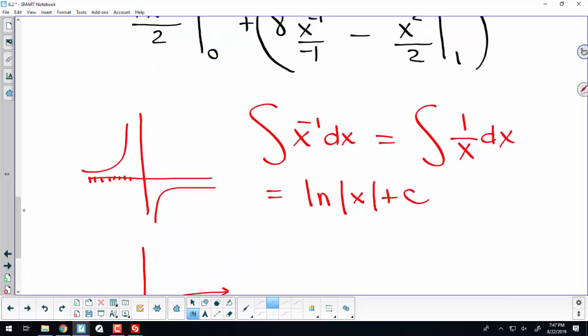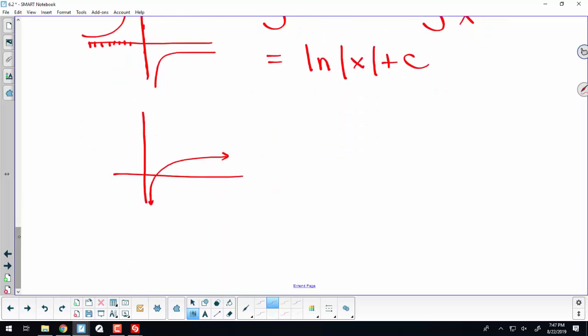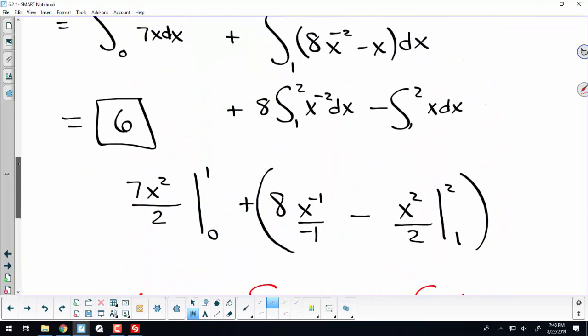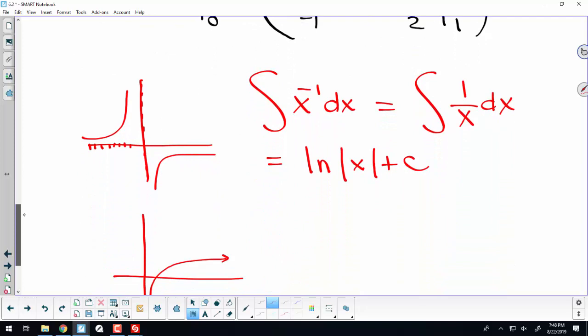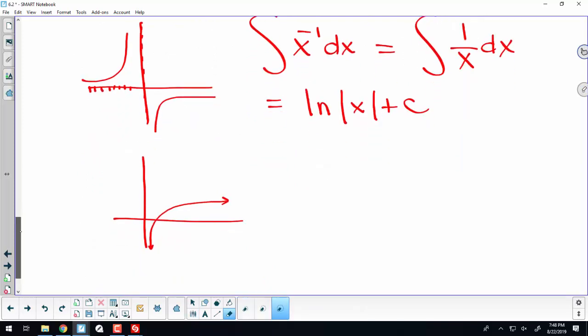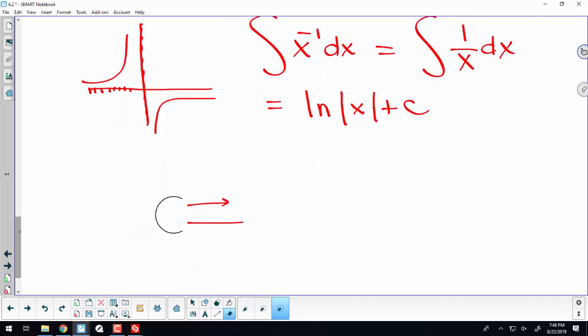We still can't include 0 because it's our asymptote, but it allows us to put negative numbers in just so that those two functions' domains are more consistent. Okay, so that's the only one the power rule doesn't apply to. Again, that's something that you should know.